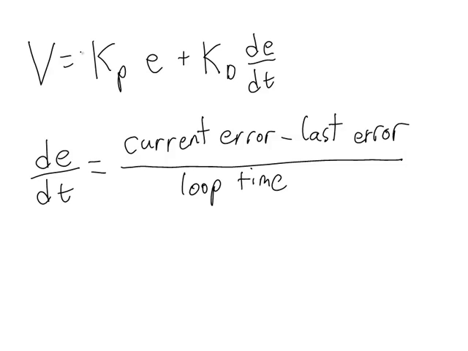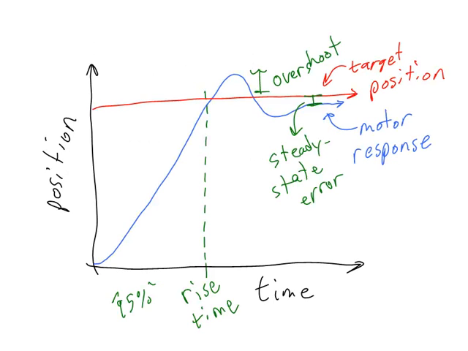So let's take a look at what the effects are of derivative control on our response curve. When we add derivative control to our controller, it doesn't have much effect on the rise time. However, it does have a dramatic effect by reducing the overshoot.